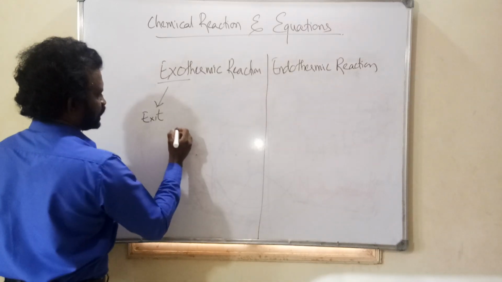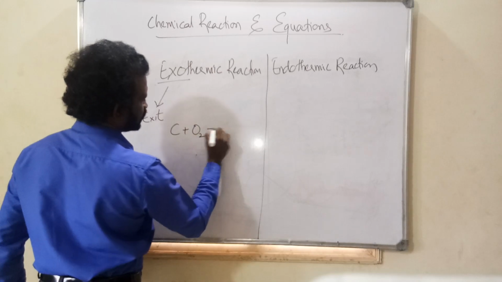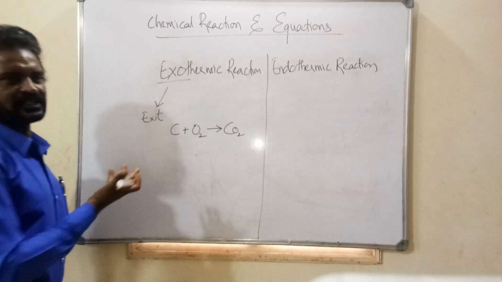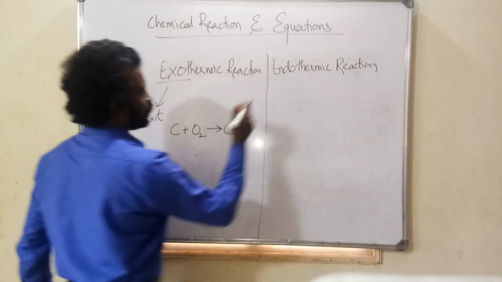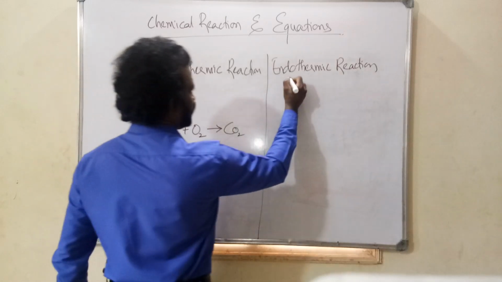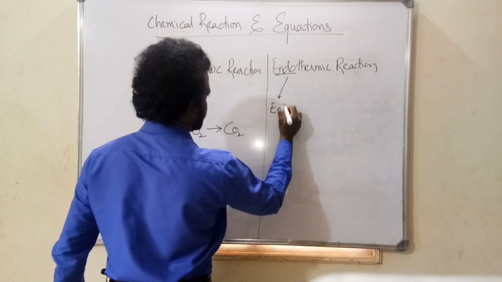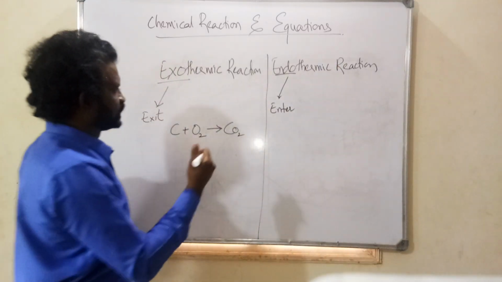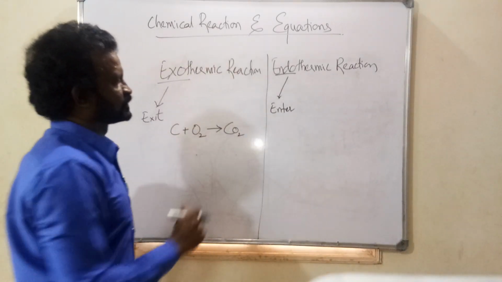Now, in an exothermic reaction, for example, carbon plus oxygen gives rise to carbon dioxide. This is our respiration. Heat is given out. Now endothermic reaction. Endo means enter. So the heat is absorbed in the reaction.